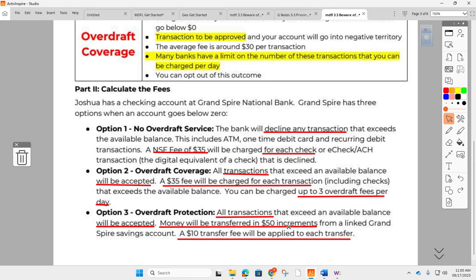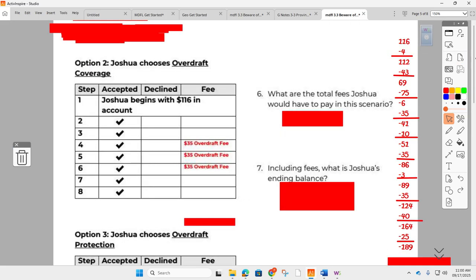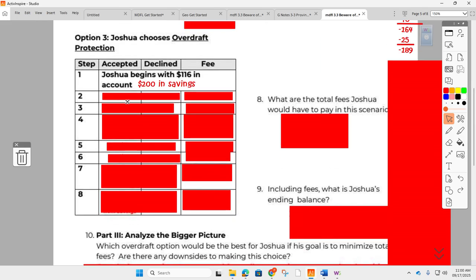Okay? If he needs $100, you have to deduct 2 times, so that would be a $20 fee, right? I don't know if they do that, I can't remember, but just in case. So right now, you guys are working on option 3. We've already written in here, reminding ourselves that this is the one where you transfer from an account.